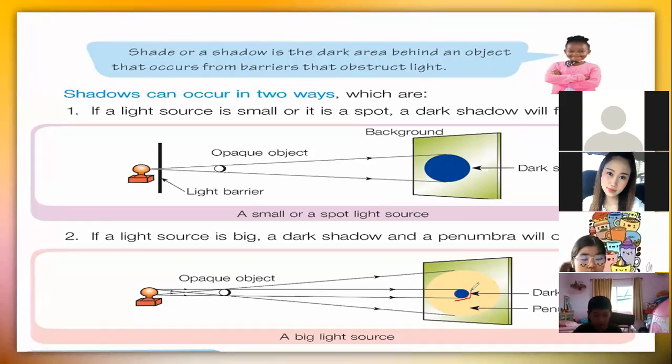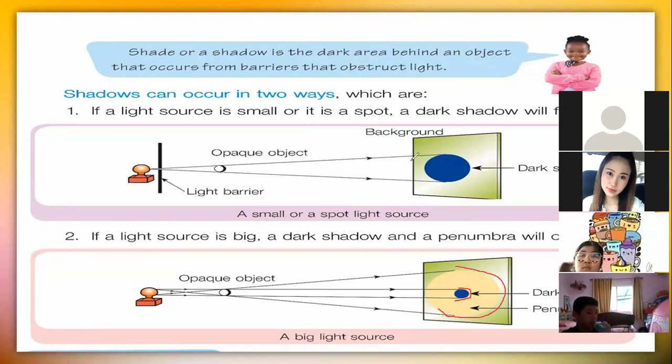the dark shadow. Here you will find the dark shadow, and apart from that, you will find another circle here. That circle is the penumbra. Penumbra is a partially shaded area. It's a shade, but a partially shaded area around the edges of the shadow.